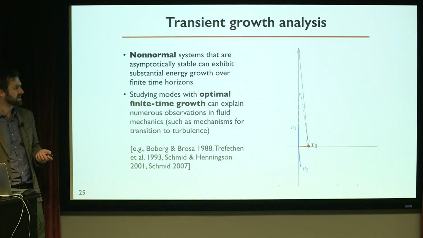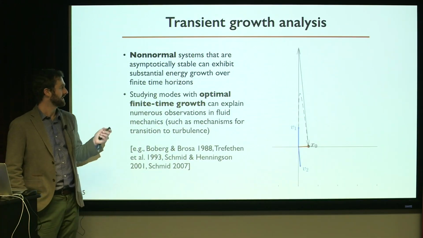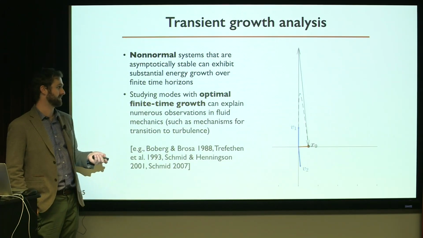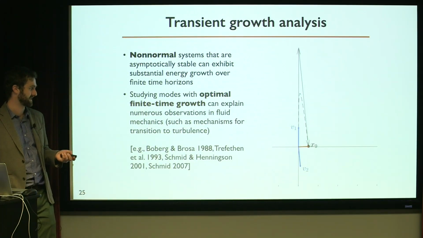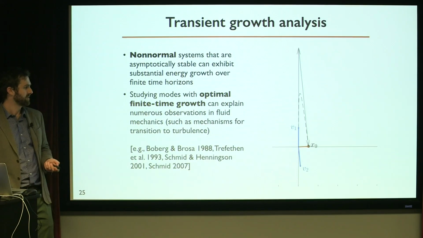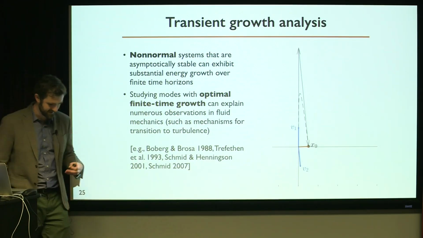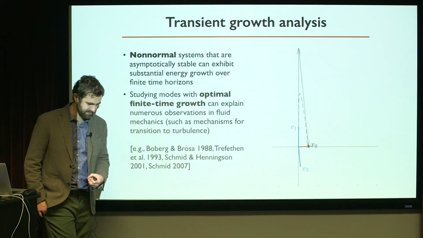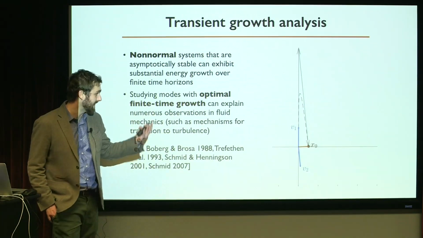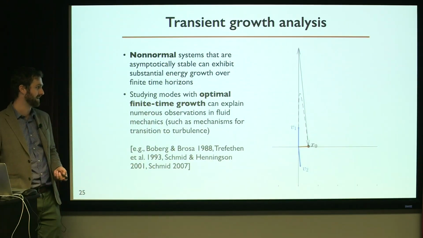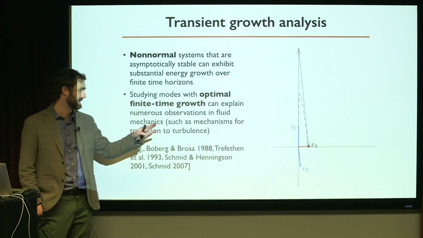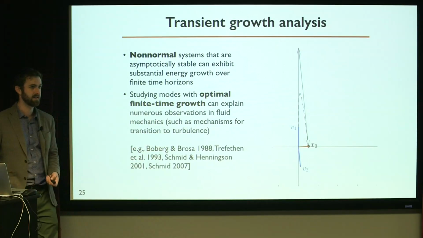So the context that we're looking at here is non-normal systems, and particularly non-normal linear systems. You can just think about this as a set of ODEs that are evolving in time and are stable. So you will eventually reach some equilibrium solution.